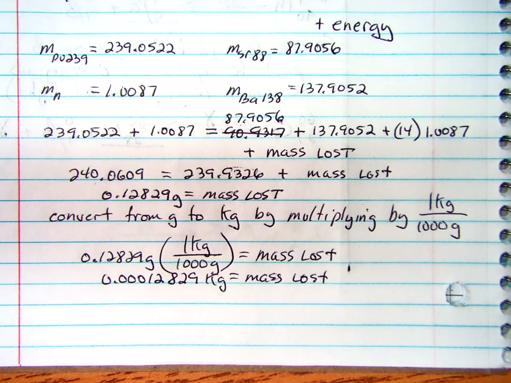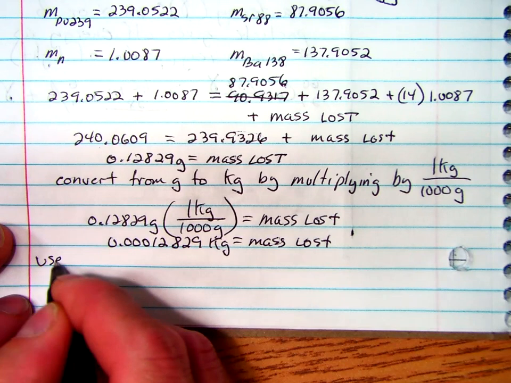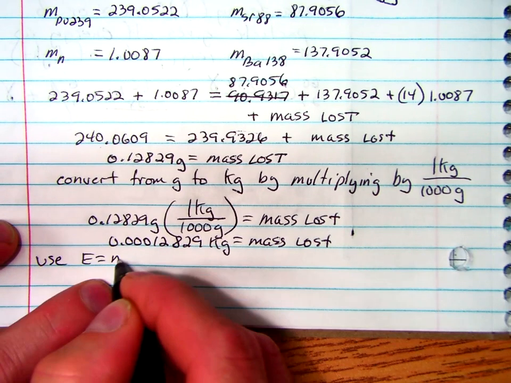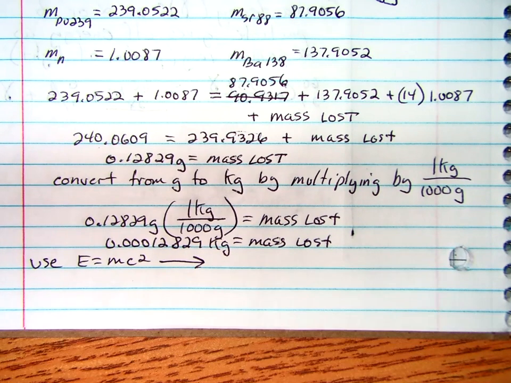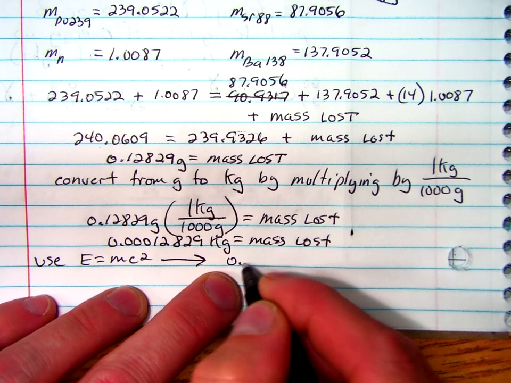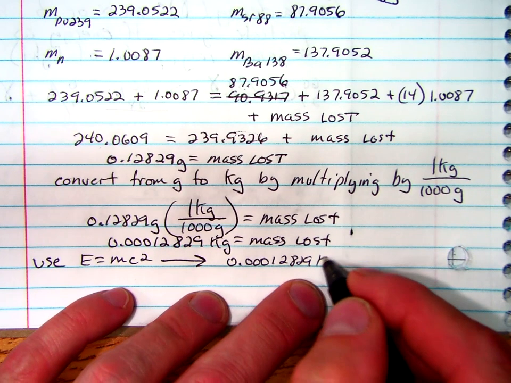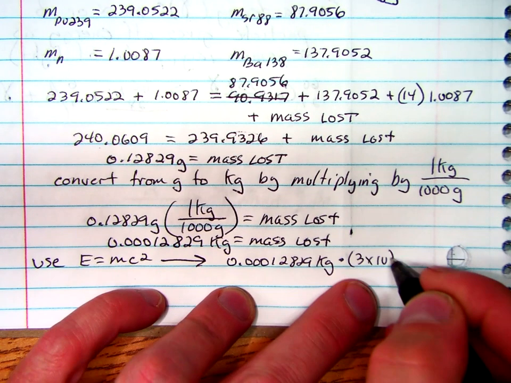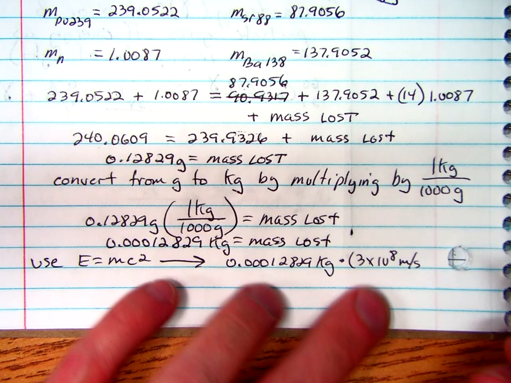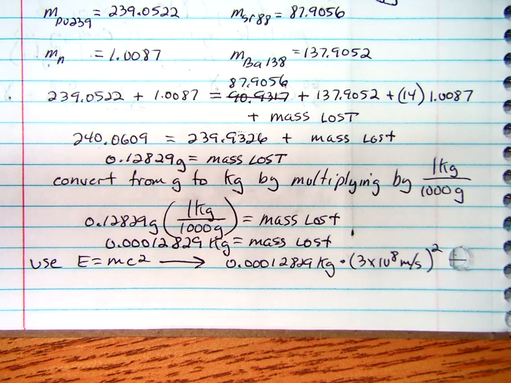A very small amount. Now we're going to use E equals mc squared to get the energy equivalence. So we've got 0.000128229 kilograms times 3 times 10 to the 8 meters per second, all squared. Remember, we're not squaring seconds, we're squaring 3 times 10 to the 8.